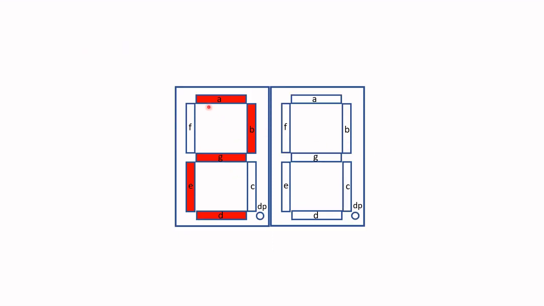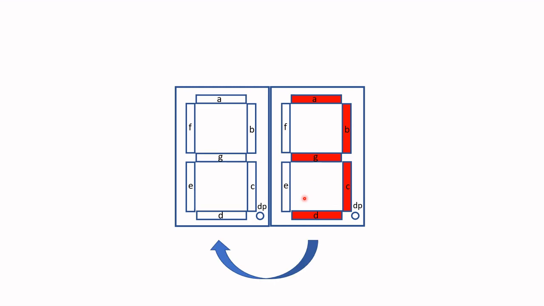So let's say you display a 2 on this particular display here, and then you switch over to display the other symbol, a 3, and then you switch back to the other display. If you do the switching fast enough, you will see two different symbols on the two display hardware.